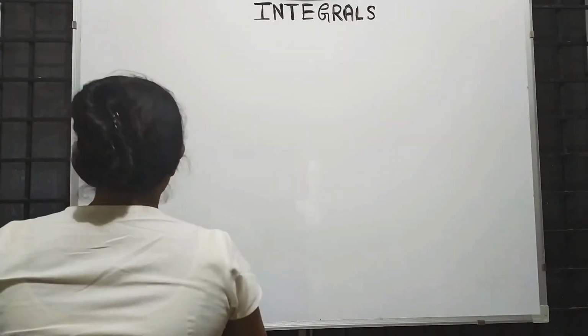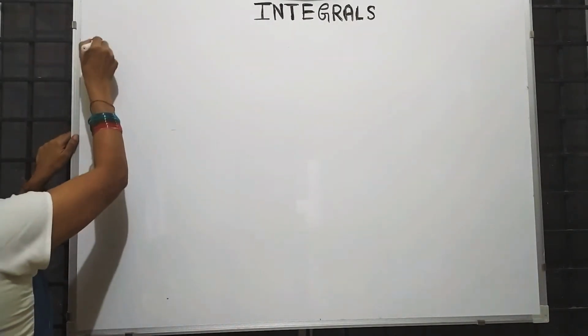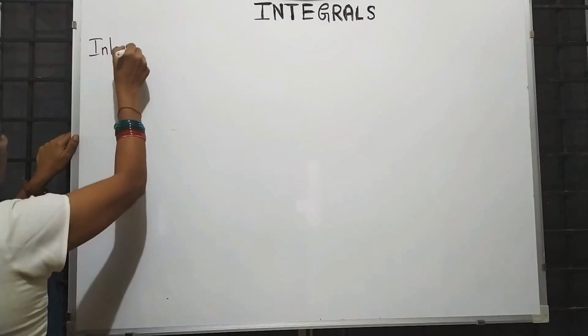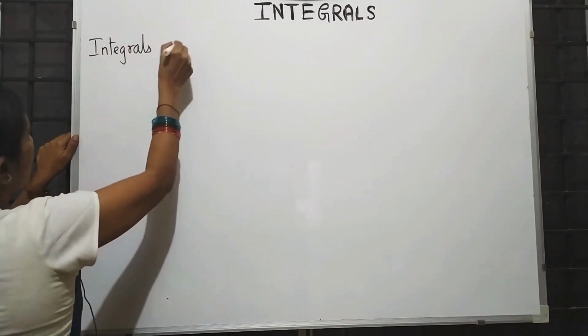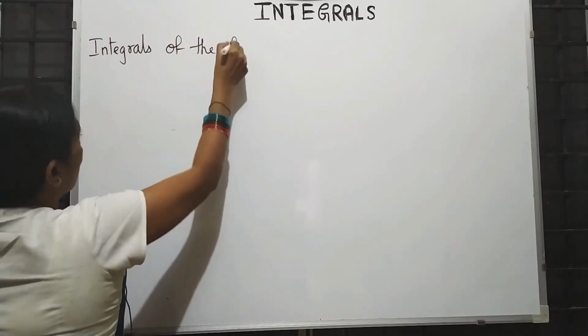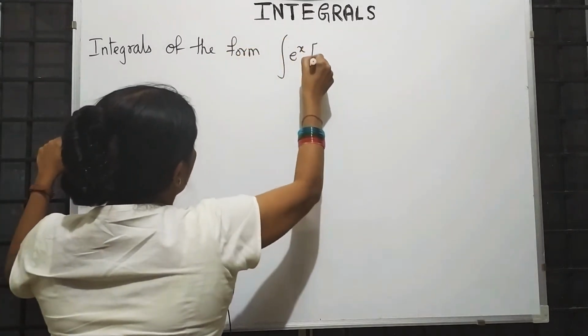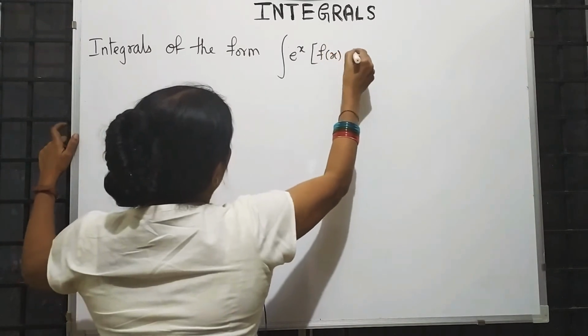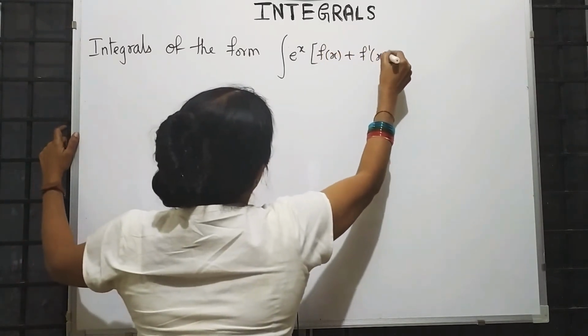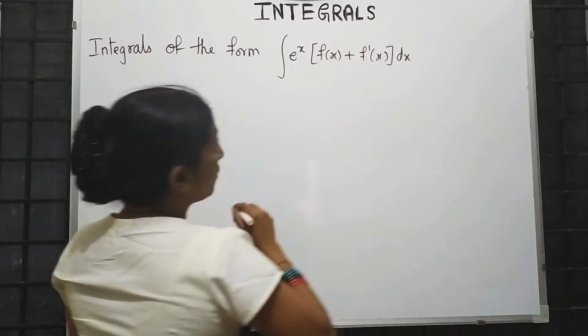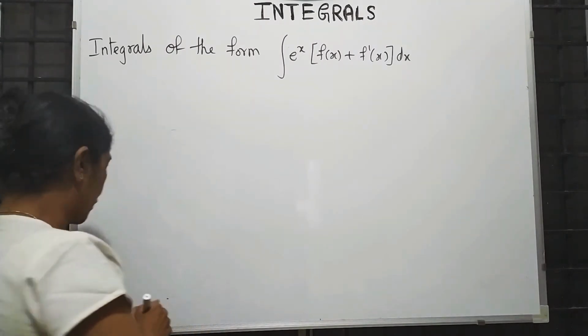Next, integrals of the form integration of e raised to x in the bracket f of x plus f dash of x. See, first I will give you the formula derivation.